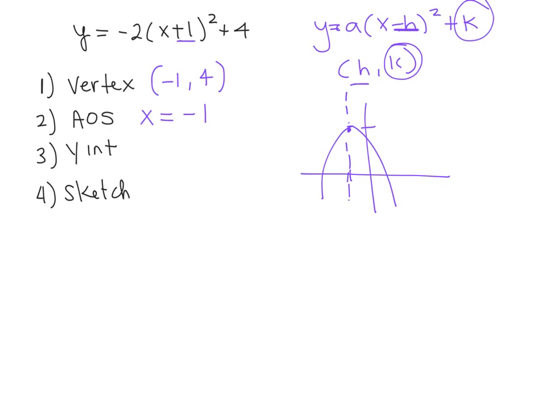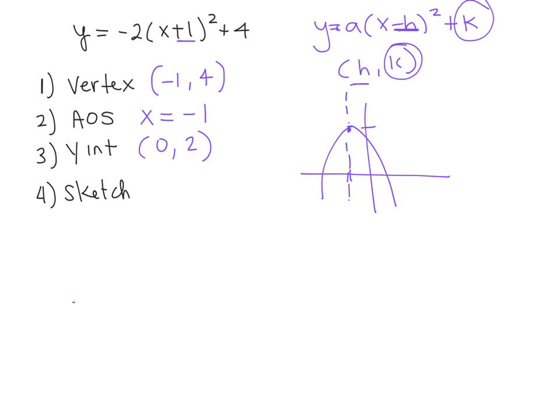Y-intercept is when the x value is equal to 0. So when x is 0, you have 1 squared, that's just 1, times negative 2, that makes it negative 2 plus 4, so y is equal to 2. Now that we have all this information, we can sketch this graph a little bit more accurately.